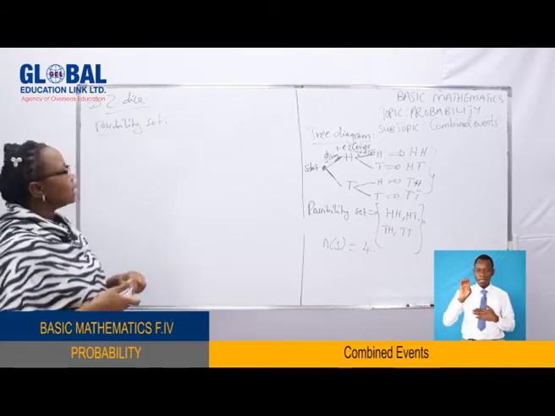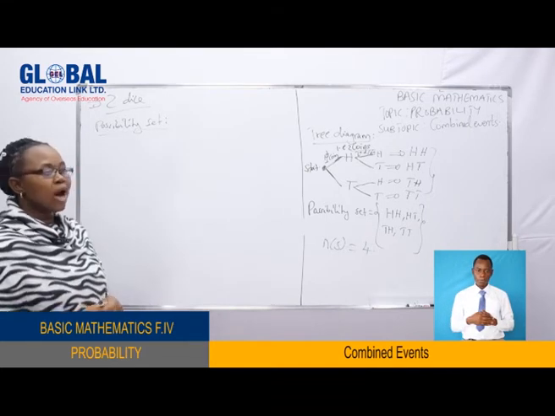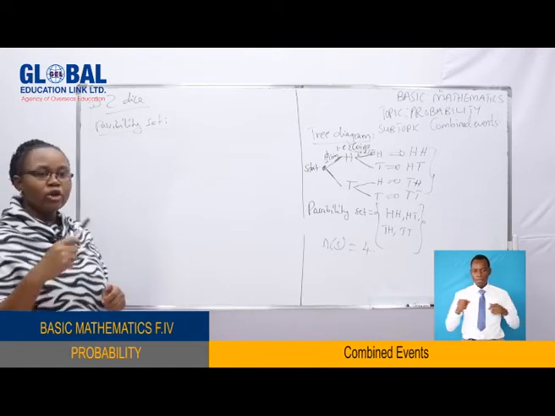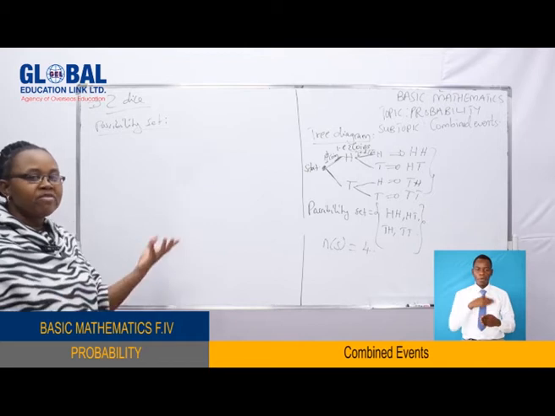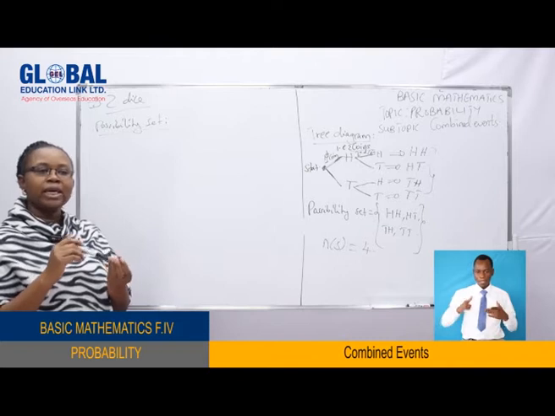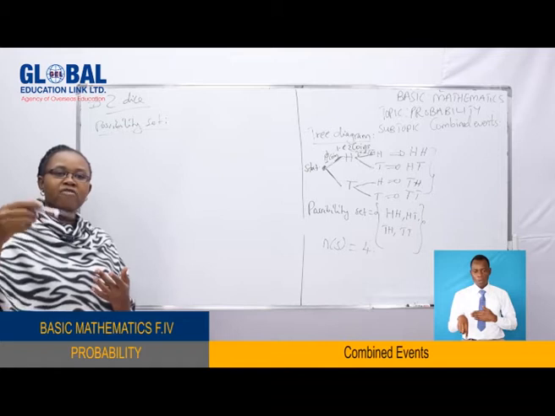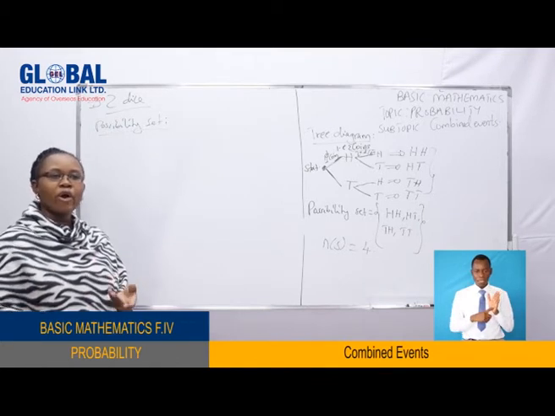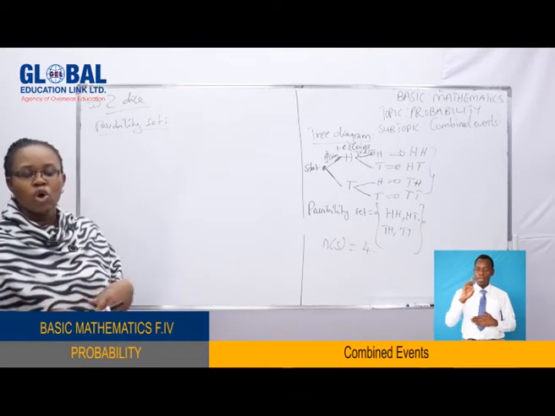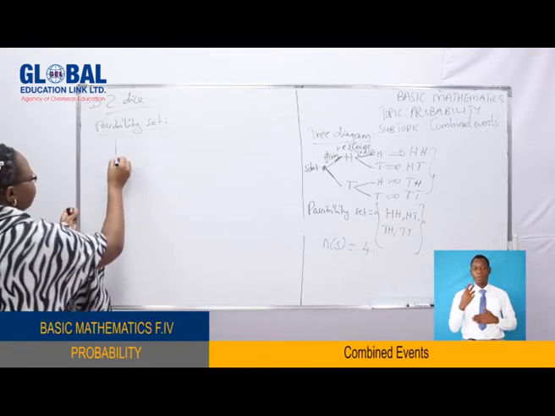In order to obtain this possibility set, we have to draw the table, which will show us the outcomes after rolling the dice. And we know what a die is from the previous lesson. A die is something which contains 6 numbers: 1, 2, 3, 4, 5, and 6. So when you are rolling those dice, it can show a different number, 1 or 2 or 3 up to 6. Then we draw the table.